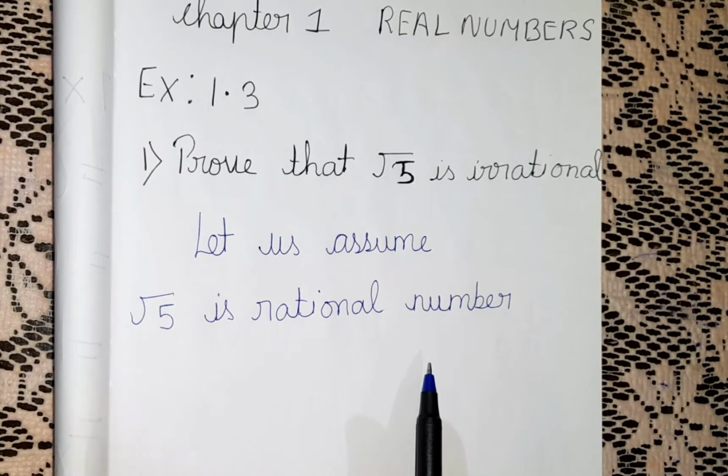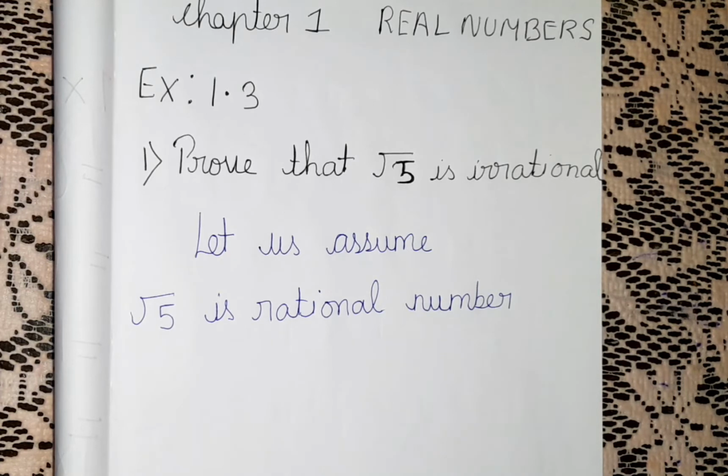First of all, do you know what a rational number is? A rational number is in the form p by q, where p and q are integers and q is not equal to 0. That is the definition for a rational number.